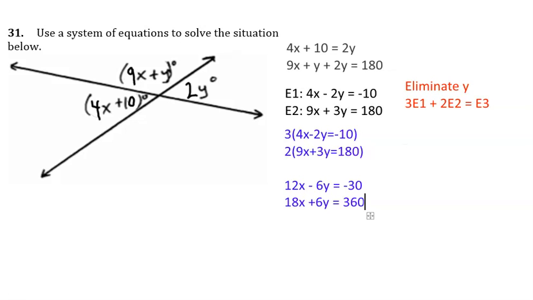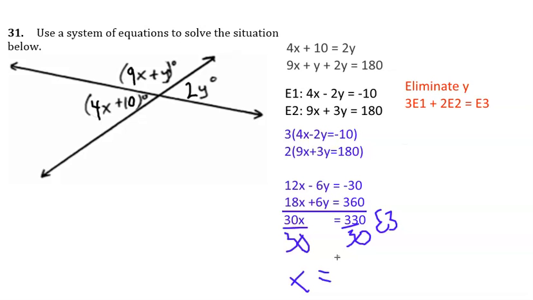From there, we'll combine the two equations. So we get 30x, the 6y's are eliminated, equals 330. So divide by 30, divide by 30, you have x equals 11.